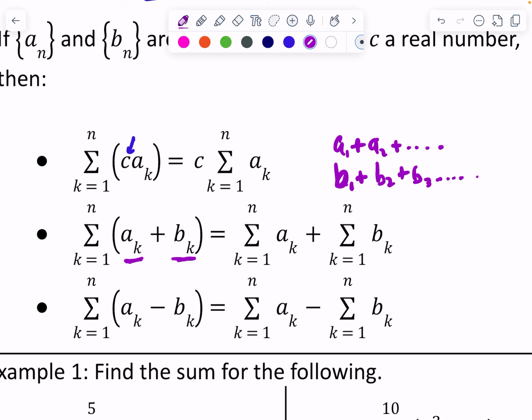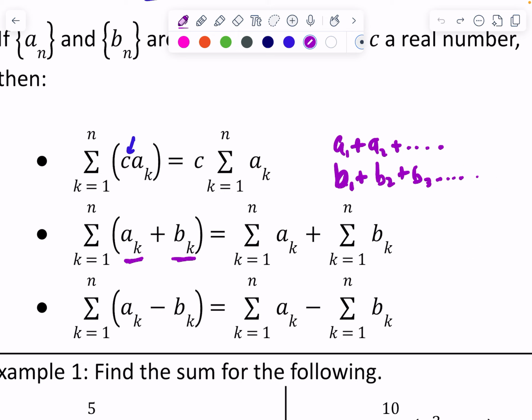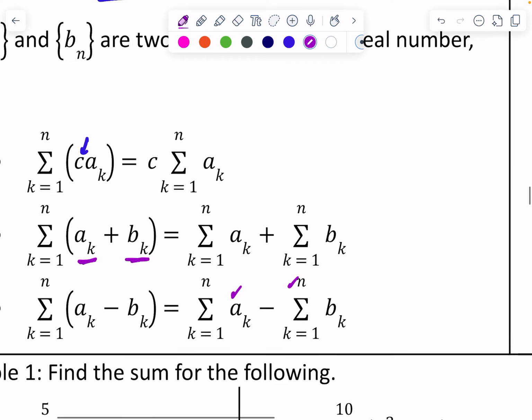So here's the sum of a_k, and this represents the sum of b_k, and we could add them individually. And similarly with subtraction. Instead of subtracting the terms individually, we could first add the first sequence, add the second sequence, and then subtract them. So either one works. This just turns out to be easier.